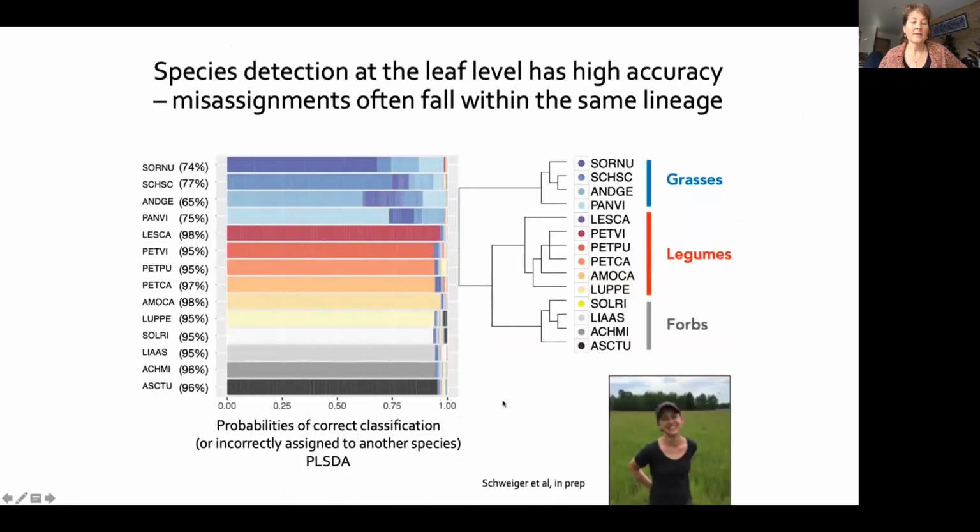And using the same classification method, partial least squares discriminant analysis, Anna Schweiger was able to significantly differentiate all the species in that system, except sometimes the grasses got confused with each other. And again, when species would get misassigned, it was largely within the same lineages. So again, you can see the strong phylogenetic signal that's coming through in these spectra.